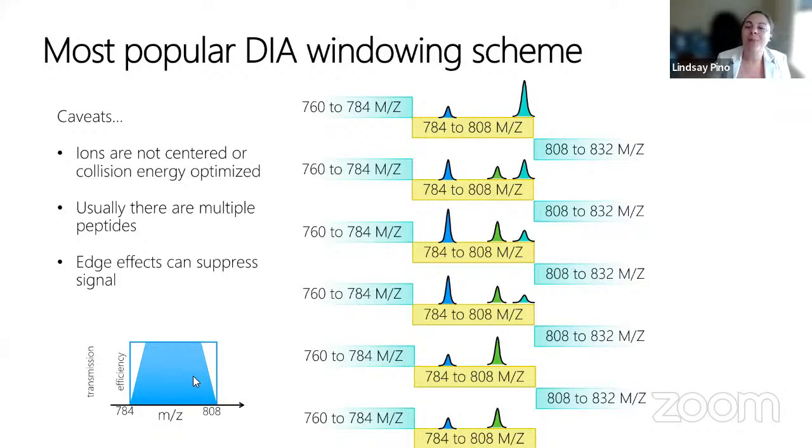We try to place the edges of the windows where those forbidden zones are. That's a very deep in the weeds mass spectrometry answer. But those measurements don't end up suffering because we position those windows in the forbidden zones. Not everybody does, but everybody should position their windows at those forbidden zones.